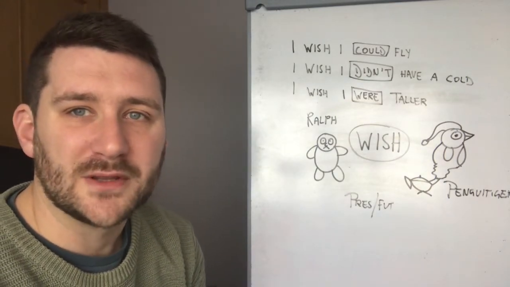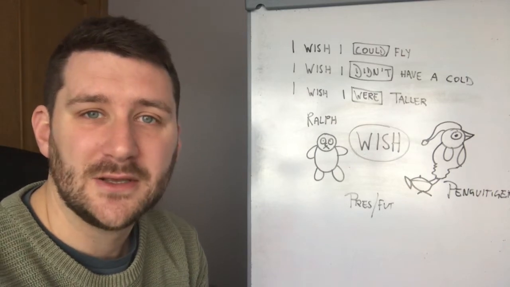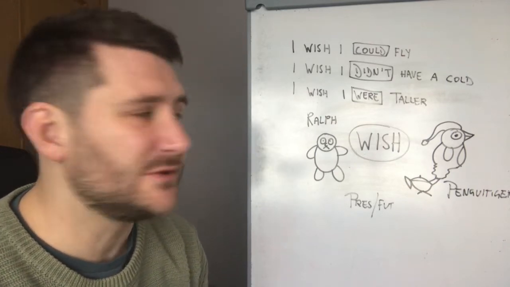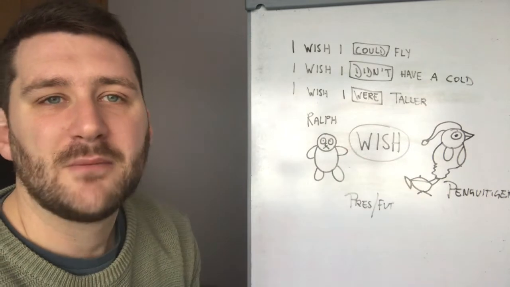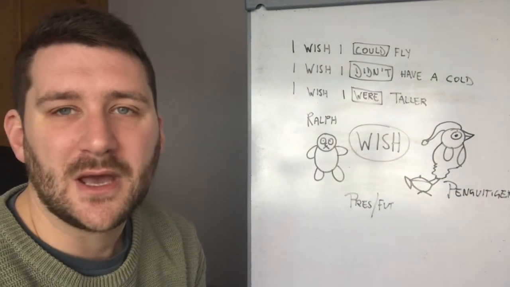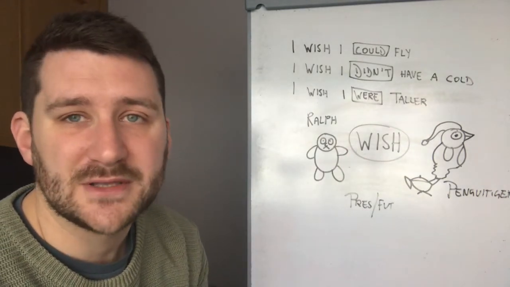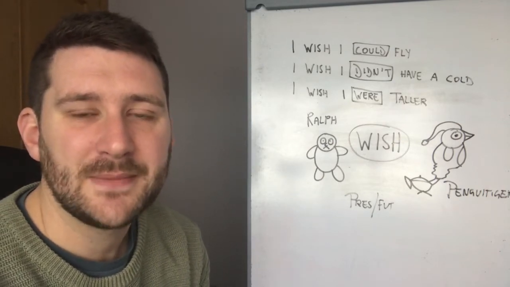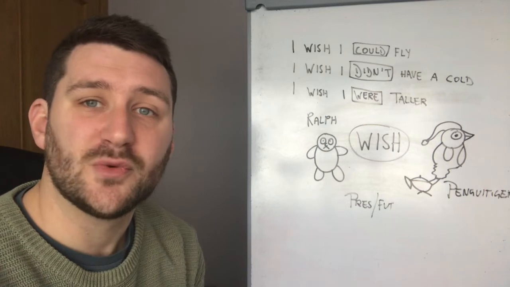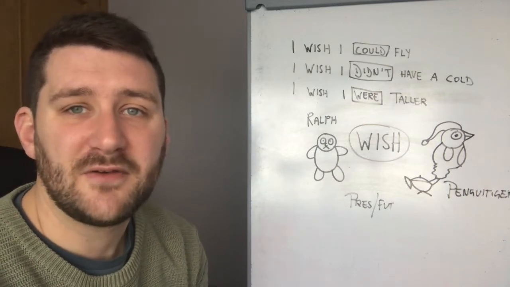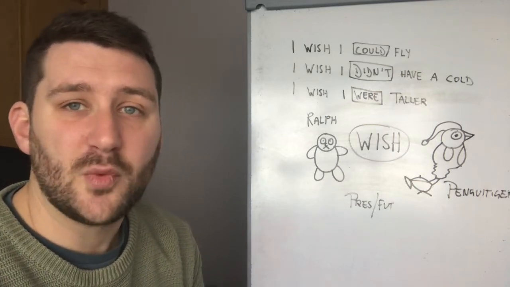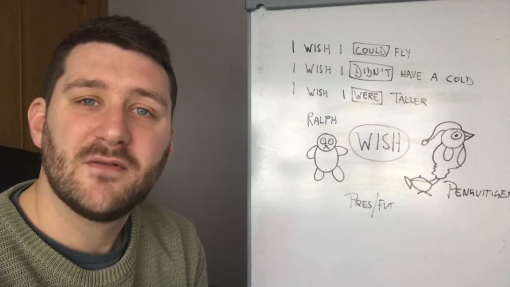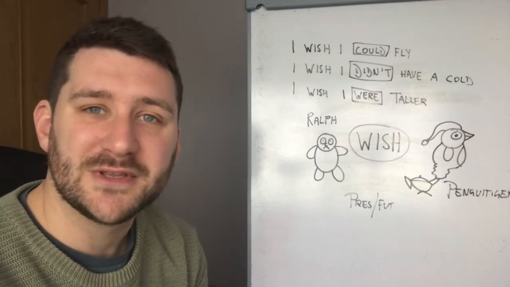The final one, I wish I were taller. Okay, now it's pretty acceptable to say I wish I was. Perfect traditional grammar, people say I wish I were, but you can substitute was now in most cases. Nobody really minds. Okay, so this is a present or future wish, and you very simply use I wish, a subject, verb in the past, and then a complement.